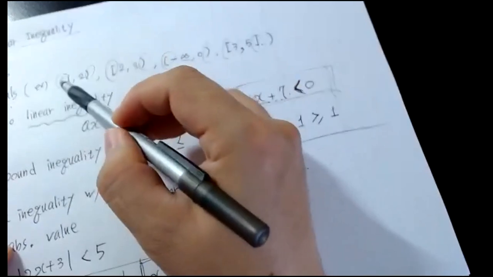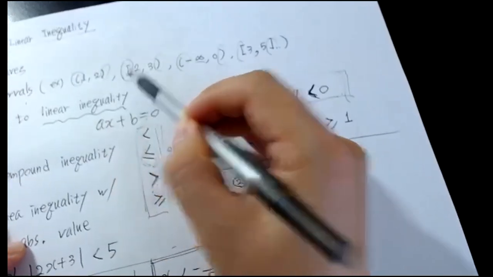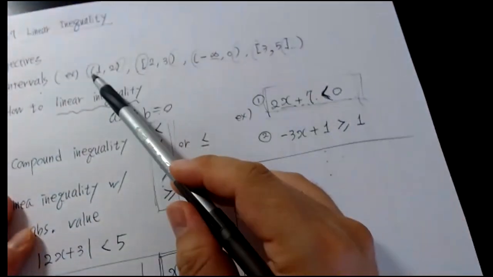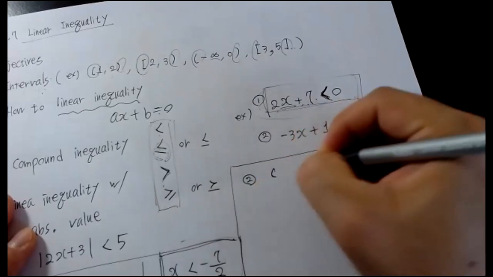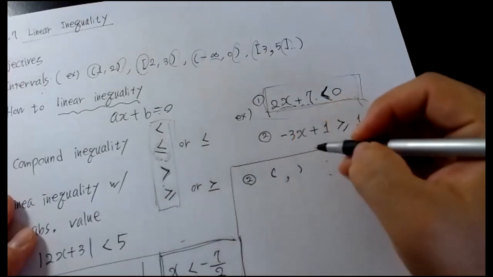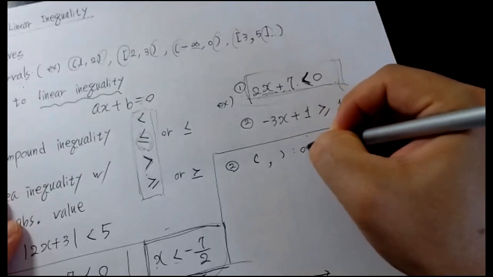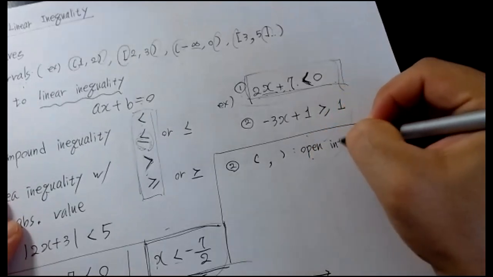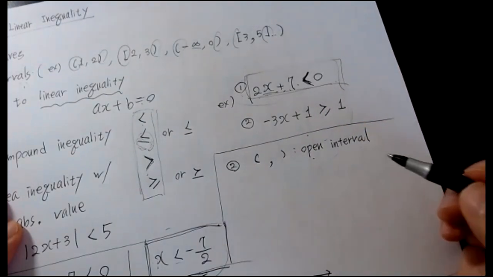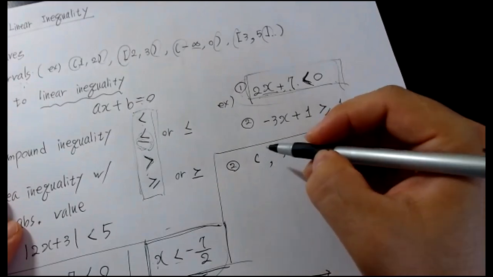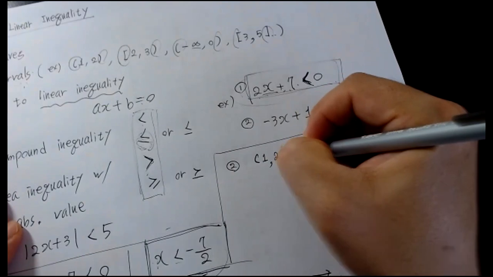Briefly, I just mentioned that there are two types of interval: parenthesis and bracket, right? Parenthesis is called an open interval. What does open interval mean? Let me explain this using the example 1, 2.